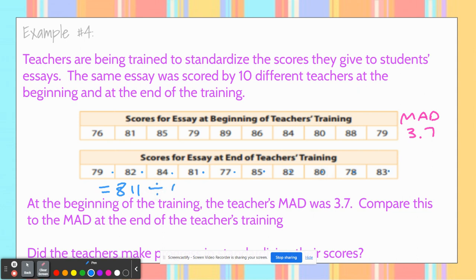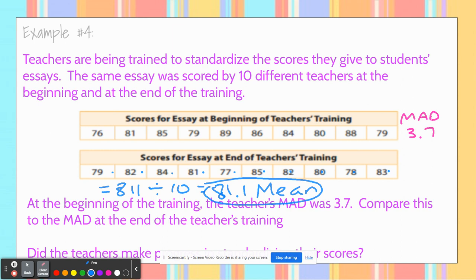So we're going to divide that by 10. And that will give us our mean, 81.1. This is our mean, or our average.